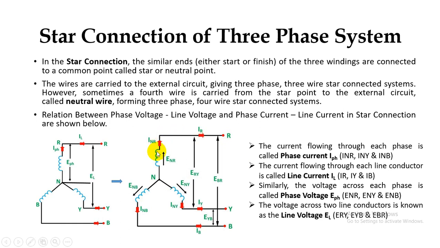Otherwise, we can say current is coming like this and back. In that case, the total resistance in which the current is passing becomes one equivalent resistance value.